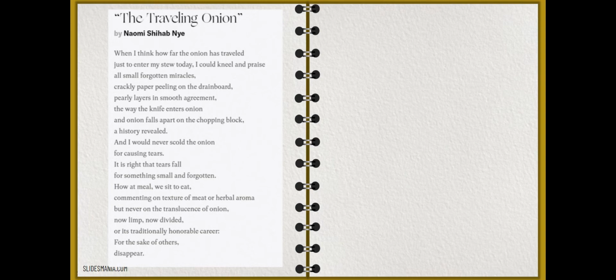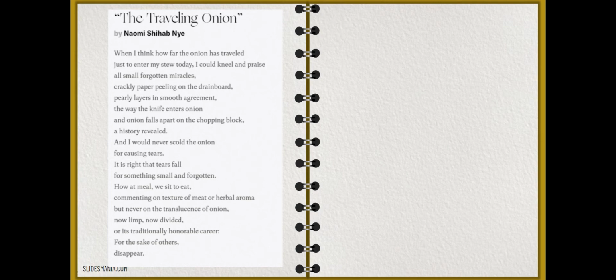I'm going to stop right there for now because I'm already getting a feeling of how the author feels about the subject, the onion. I can see in the first line that the onion has traveled far just to enter my stew. It's as if the author's wanting me to consider how lucky I am that this journey has taken place. When the author says I could kneel and praise, I can immediately tell I should be sensing the majesty of the onion and just like worshiping it, like it's so amazing.